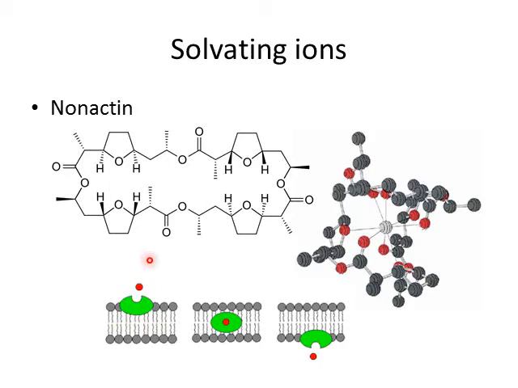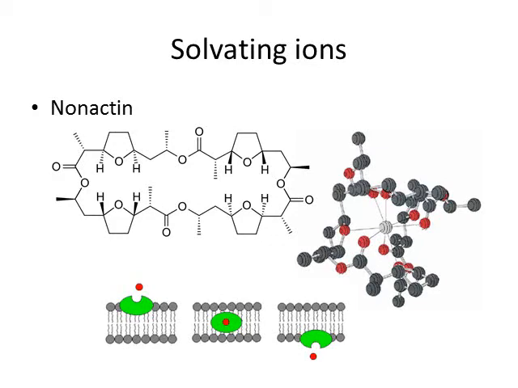And so if there were lithium ions out here, they would not simply diffuse across this because they wouldn't dissolve in this region. So lithium ions would just stay out here. But nonactin can act as a carrier, where it floats to one side of the membrane, it grabs that potassium, and pulls it across the membrane and then drops it off on the other side, just like that experiment.